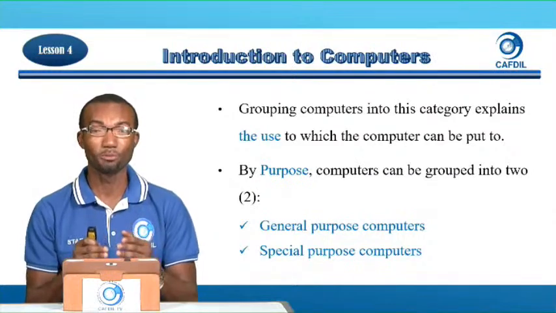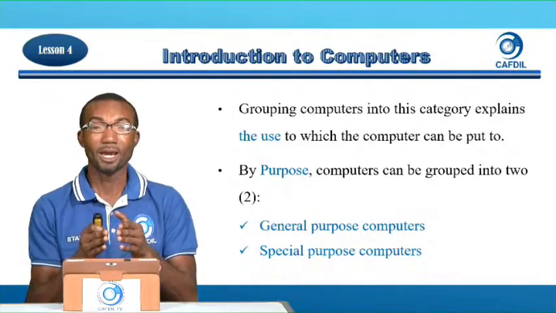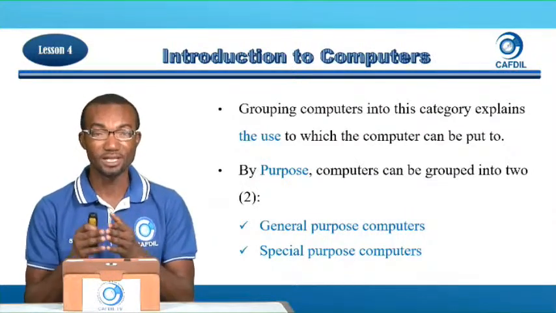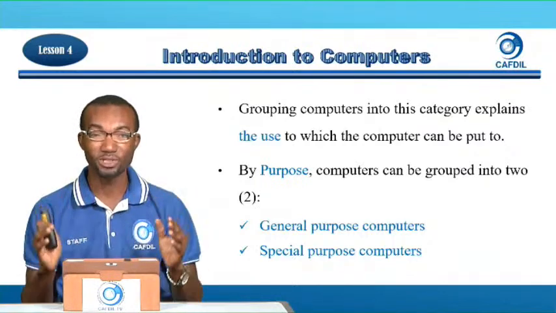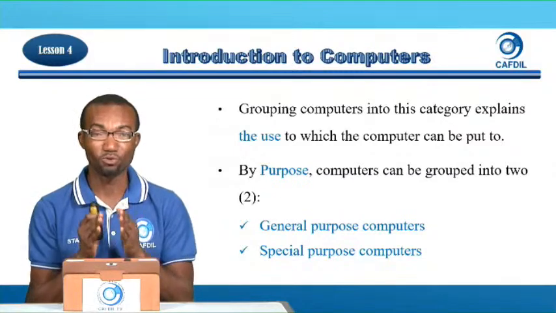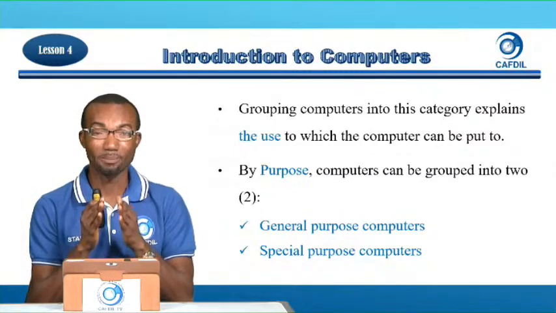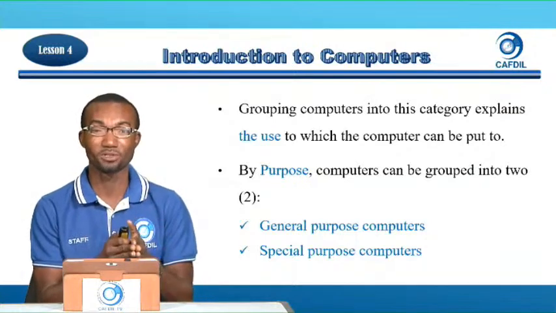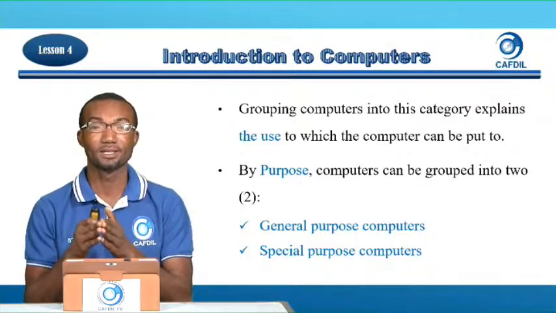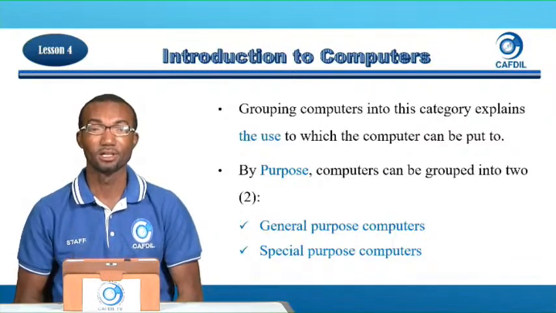If I group computers by purpose, you have two: general purpose and special purpose. So all the computers that we have around can be grouped by purpose into these groups, whether the computer is general purpose or special purpose.